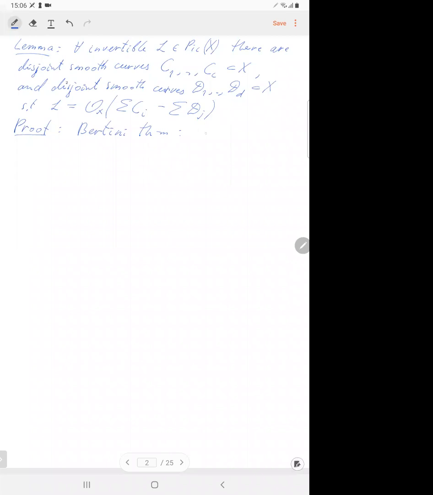So we find a very ample invertible sheaf M on X, such that the tensor product M and L is also very ample.